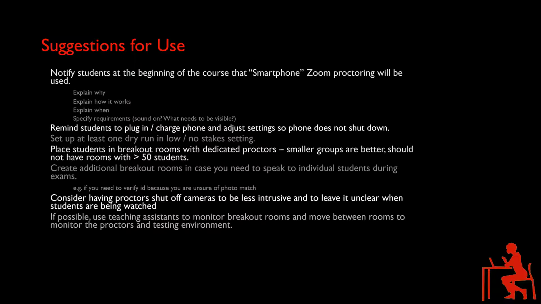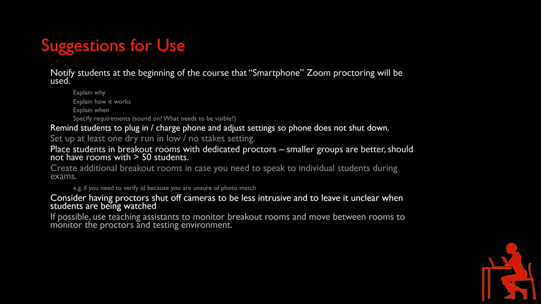I think it's important to explain why it's going to be used, explain how it's going to work, explain when it's going to be used so that students can be prepared in terms of the technical requirements and having the facilities and having the space available to do the assessment. And there should be a specification of the requirements, such as whether you're going to ask students to keep their sound on and what specifically you want to be visible in the Zoom.